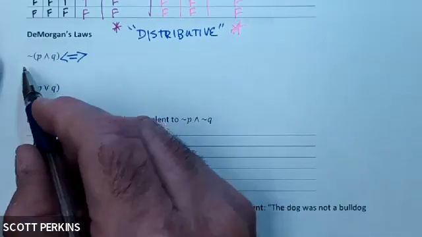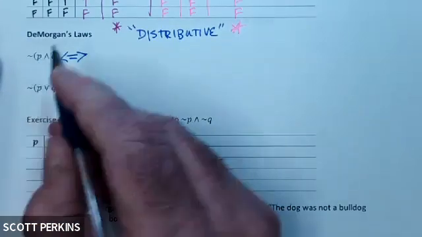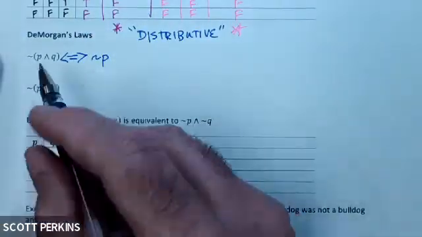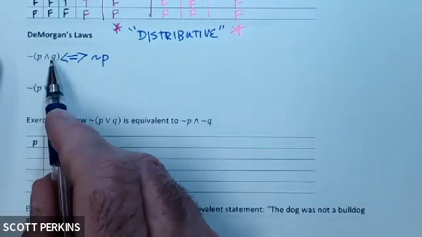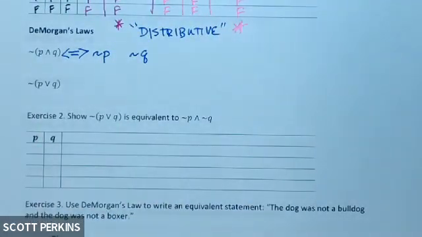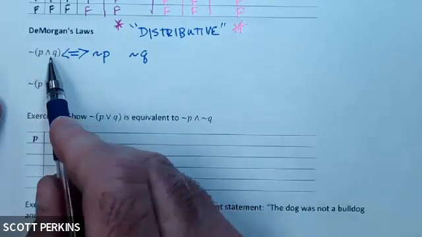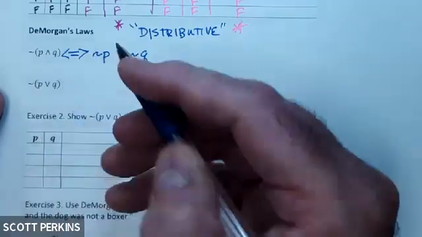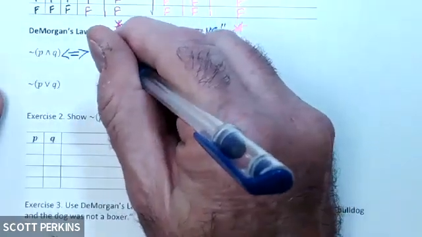When I take the negation, if I have squiggly p, my first term is going to be squiggly p. I'm going to leave a little space. I've got squiggly and then q, so that's going to be squiggly q. But here's the other thing you have to show about DeMorgan's law: you don't leave the connective. When you distribute the squiggly, you flip the connective. It's going to become an or.